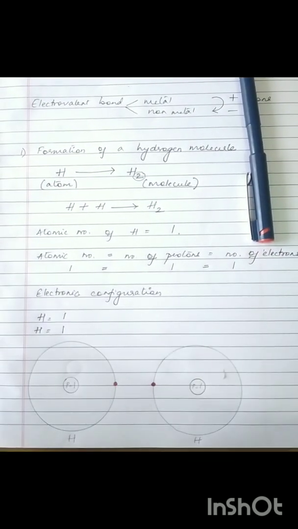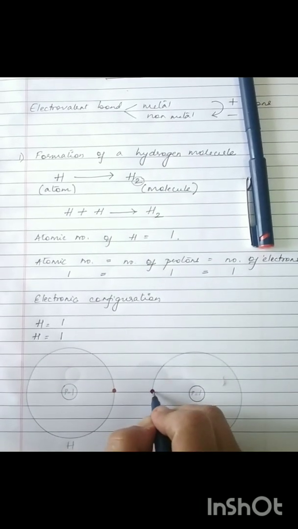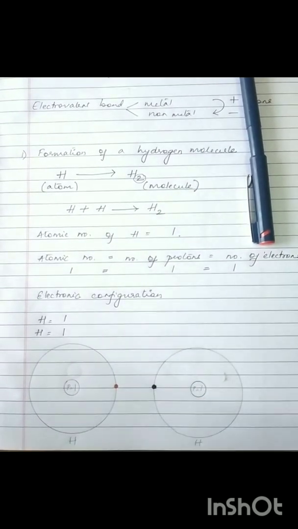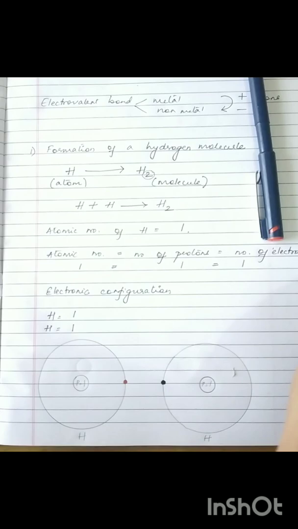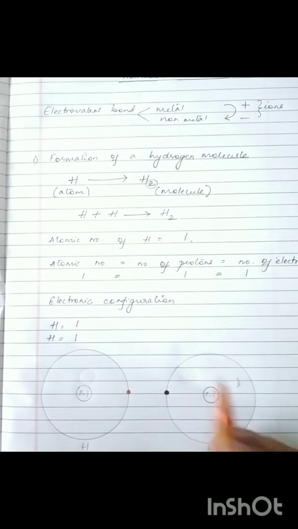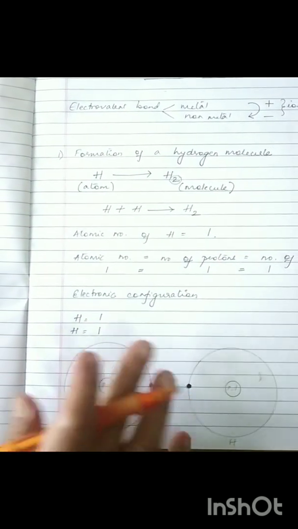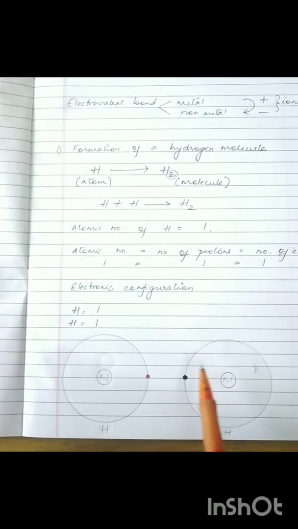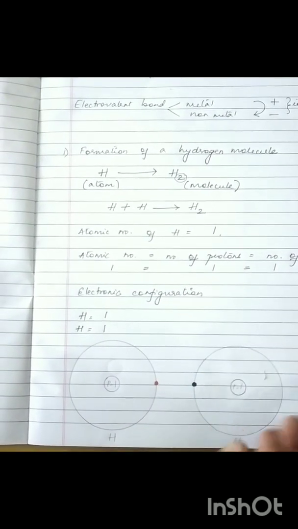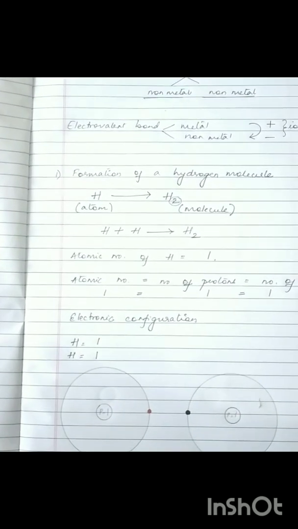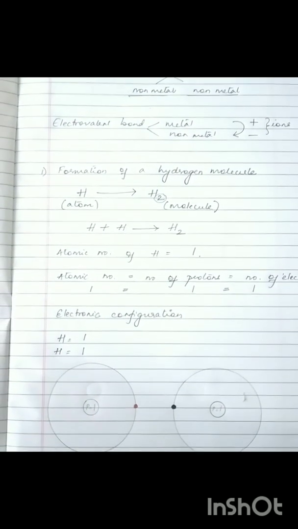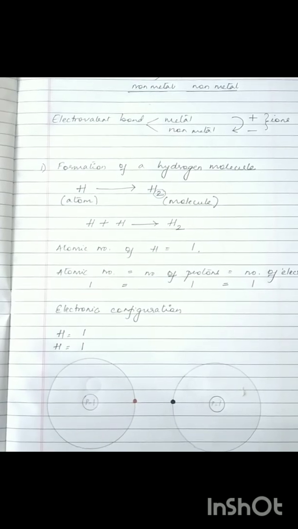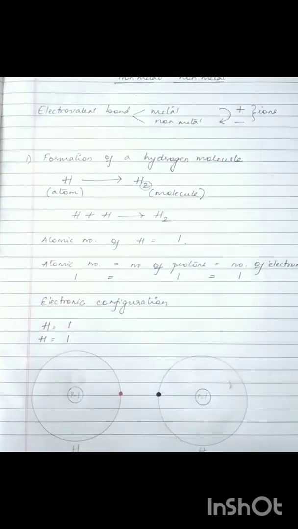The orange and pink are looking similar. Black. Okay. Now suppose if this gives away electrons, then this atom will vanish. And if this atom gives away electrons, then this atom will also vanish. So there is no question of giving and taking, and both are non-metals. We know only metals give away electrons.